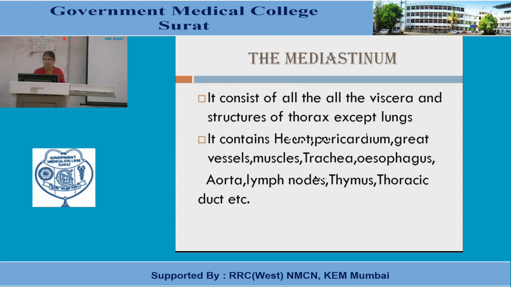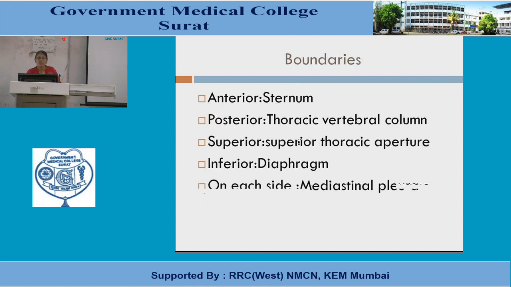The thymus is also in the mediastinum, and the thoracic duct, which is a lymphatic duct. All these structures are in the mediastinum part of the thorax, between the two lungs. So you can imagine it is not a narrow septum, it is a wide septum which includes all this list of structures.